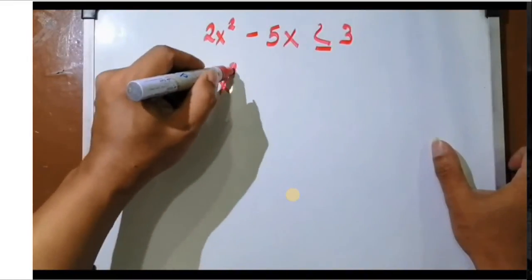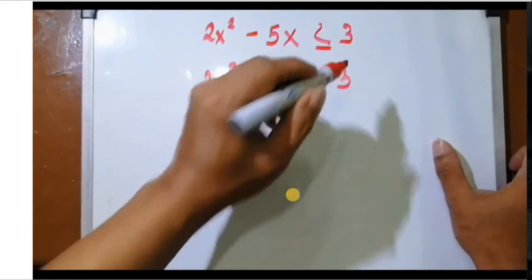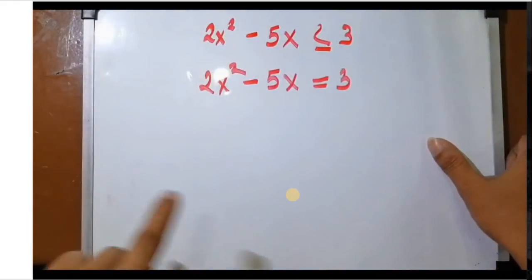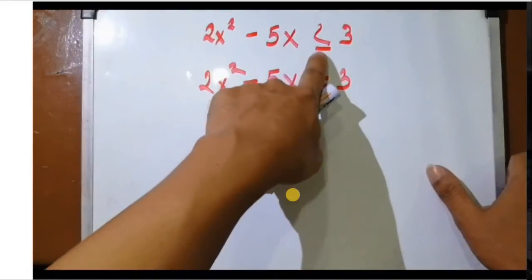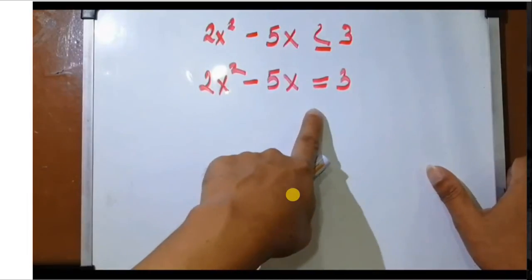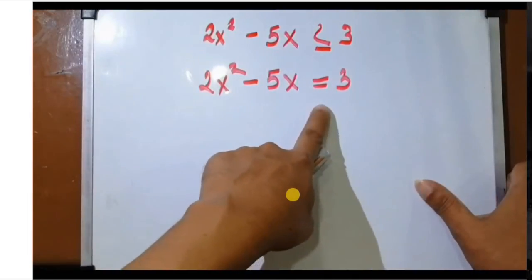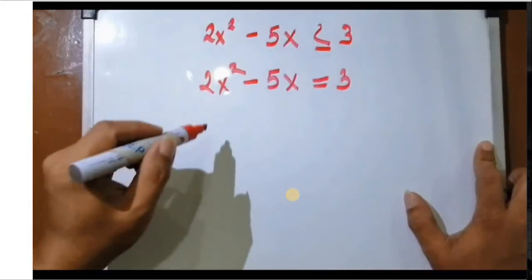So 2x squared minus 5x is equal to 3. Okay, so after natin may sulat sa inequality or sa equation, again, this is inequality in this equation. So after natin may sulat sa equation, isusulat natin siya as standard form since quadratic naman yung ating sinosolve. Okay?